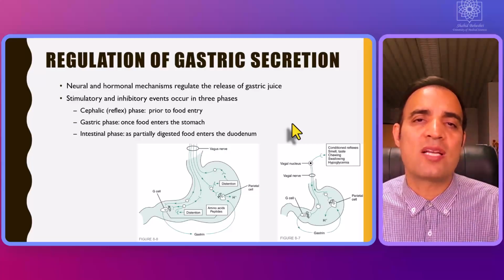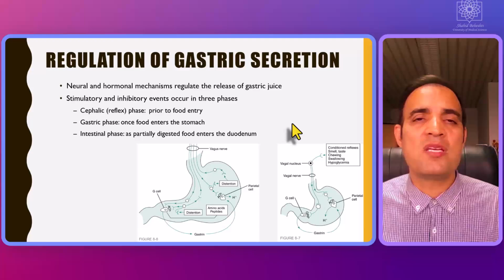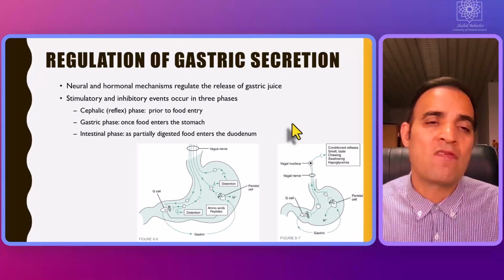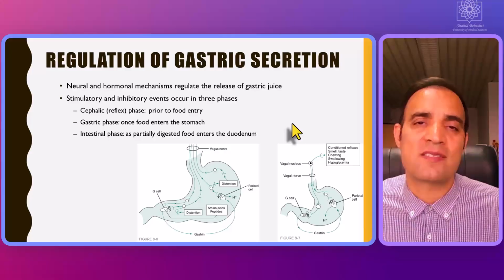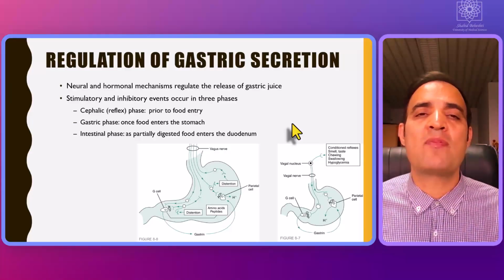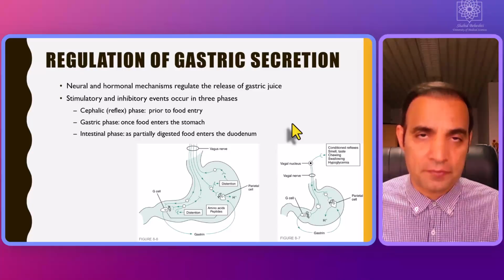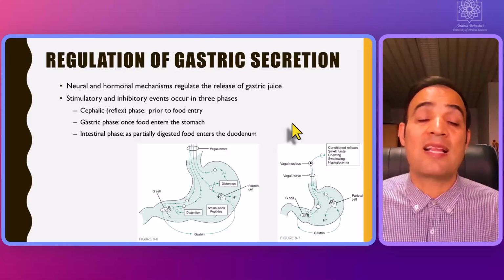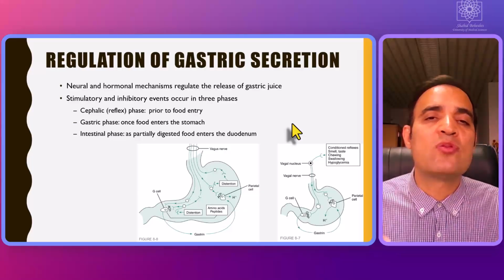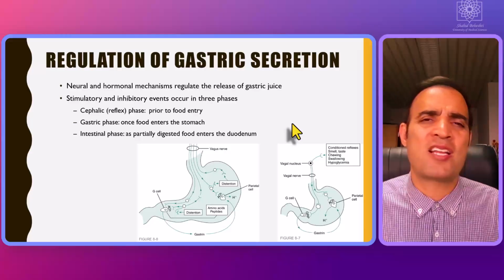Collectively, I can tell you that secretion of the stomach is regulated in 3 steps, in 3 parts. One part is the cephalic phase. Cephalic phase means the stimulants that come from the brain and affect the parasympathetic nervous system are able to stimulate gastric secretion, acid secretion, and enzyme secretion.